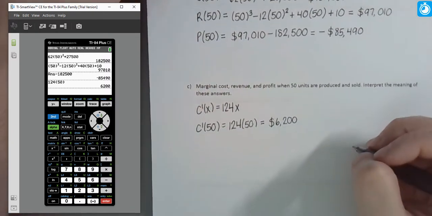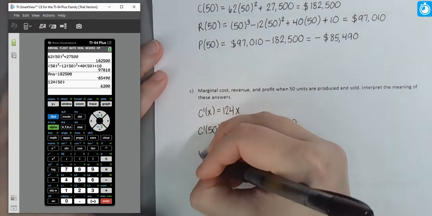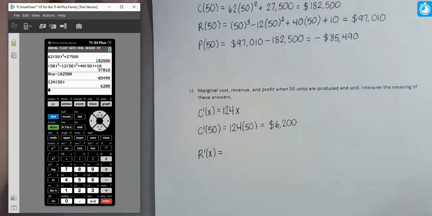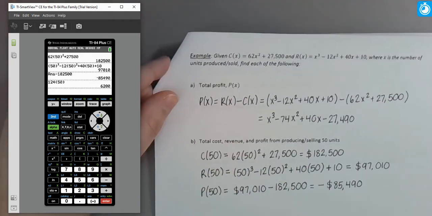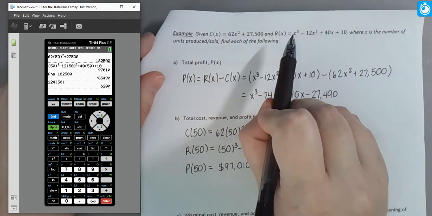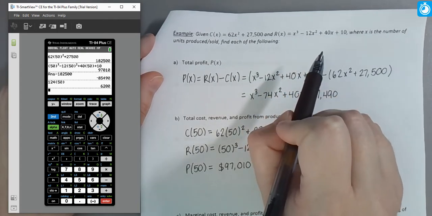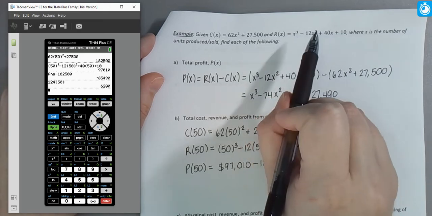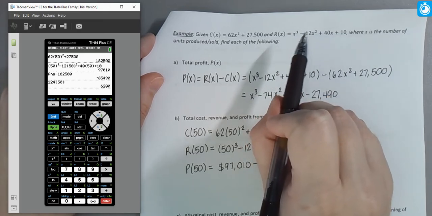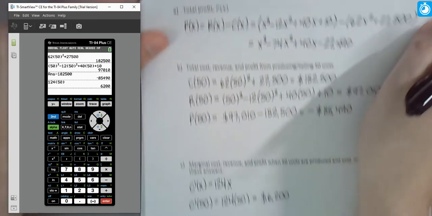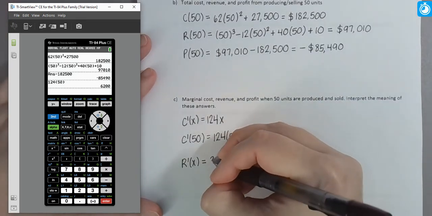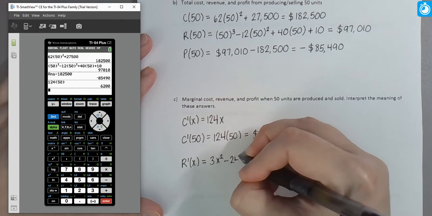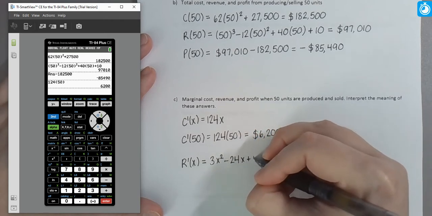Okay, what about revenue? So marginal revenue, again, that's going to be the derivative, in this case the derivative of the revenue function. So let's go look at that. So cubic function, okay, so the first three terms will stay when we differentiate. So 3x squared, negative 24x, plus 40.